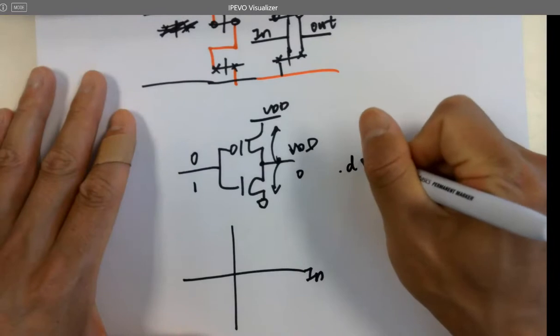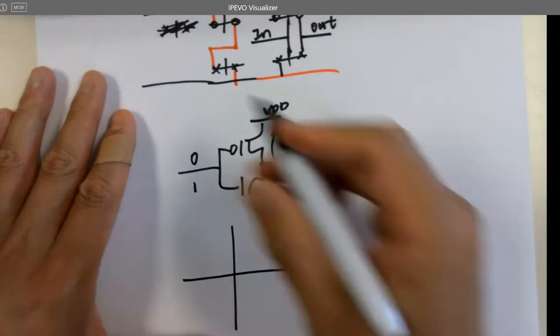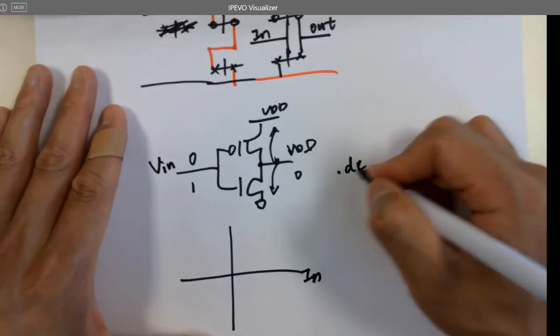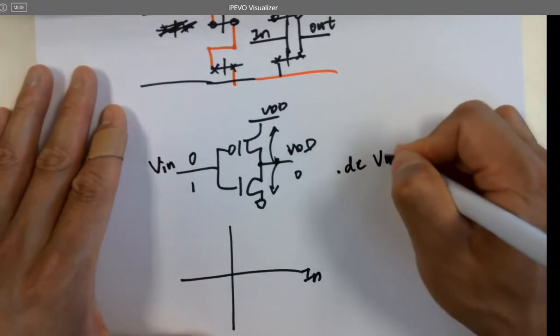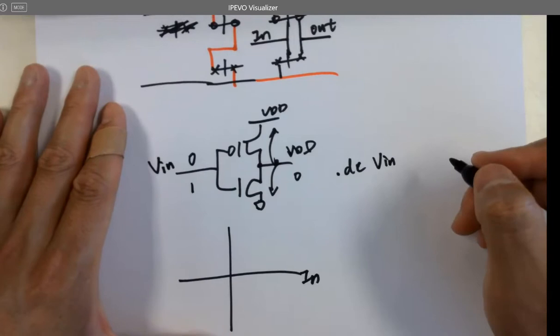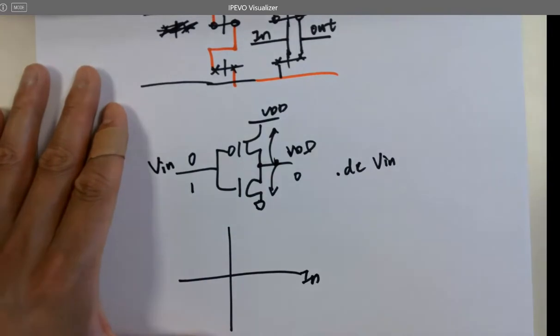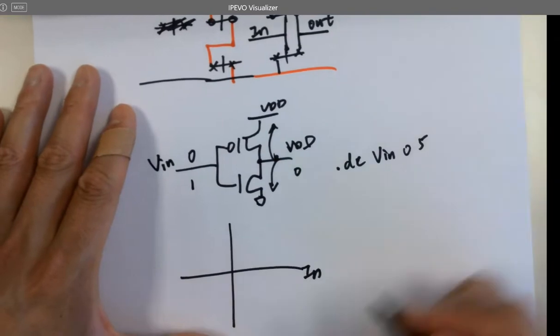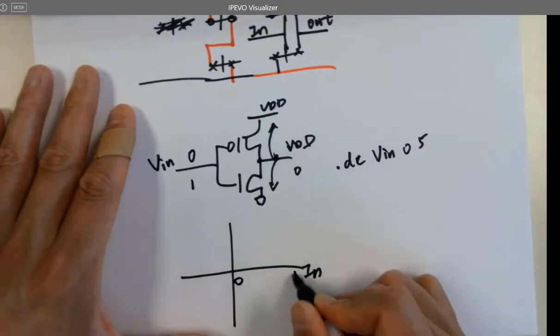Do a dot DC. I'm writing up the SPICE code for you guys. V in, for example. Dot DC, V in is the voltage on the sweep, DC sweep, V in, from 0 to 5. So here's V in from 0 to 5 volts.